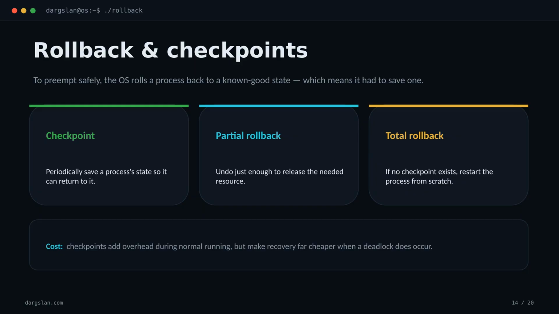With that in hand, we can do a partial rollback, undoing just enough to free the resource we need, or if no checkpoint exists, fall back to a total rollback and start the process over. There's a trade-off, of course. Checkpoints cost a little overhead while everything's running smoothly, but they pay for themselves the moment a deadlock actually hits.